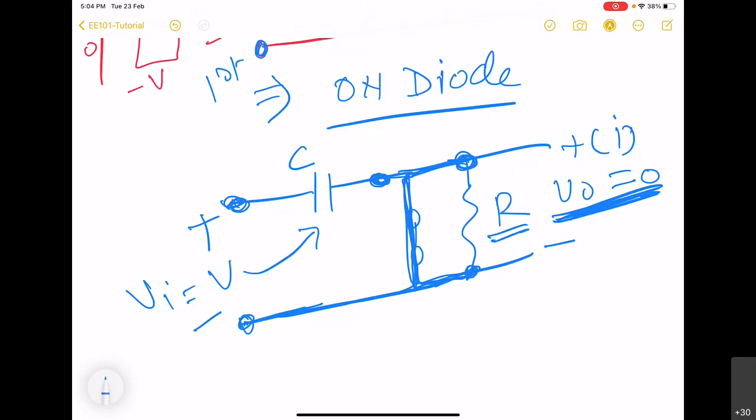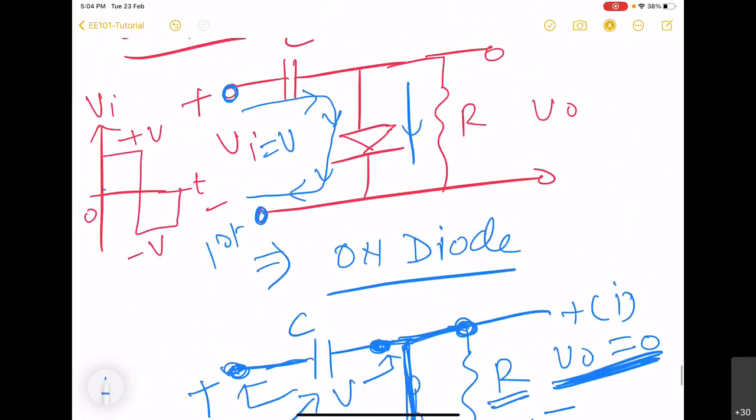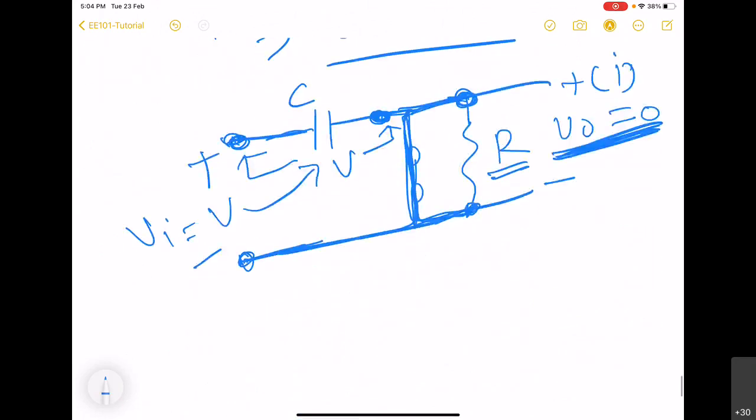Since there is no resistance involved, this VI is directly connected between the two nodes. So this capacitor will get very quickly charged, definitely during the time period T by 2. That means over this period, which is T by 2, the capacitor will get charged to a voltage V.